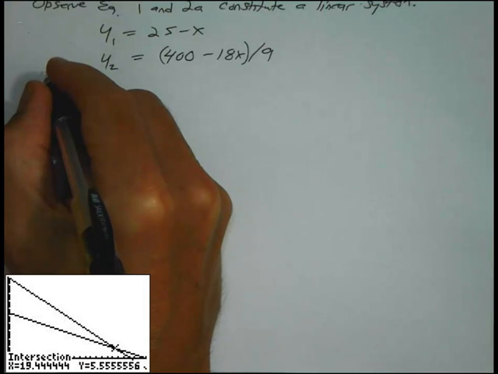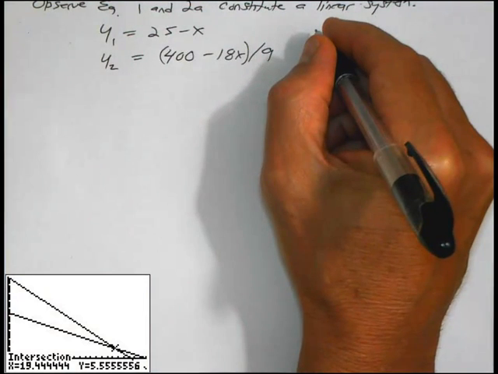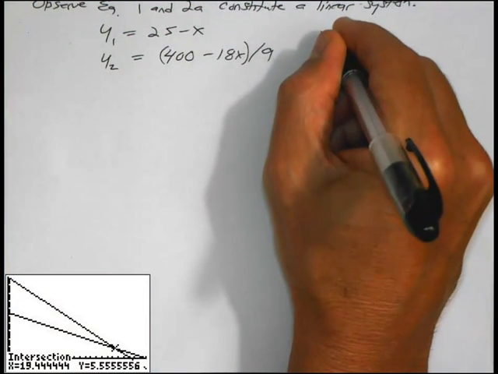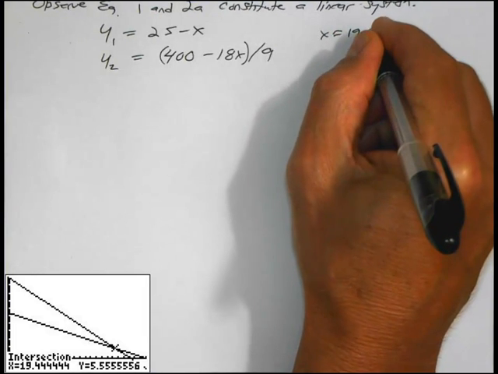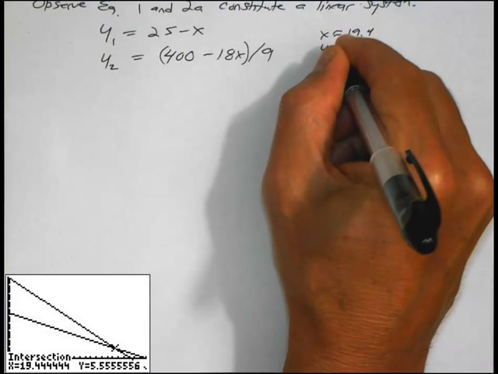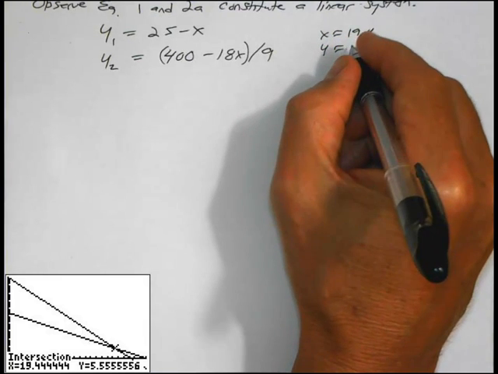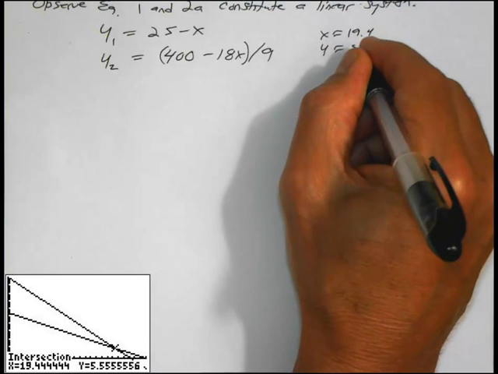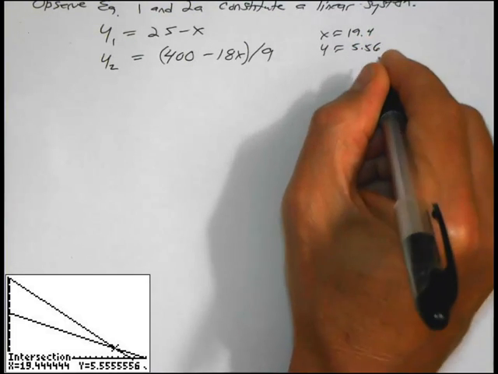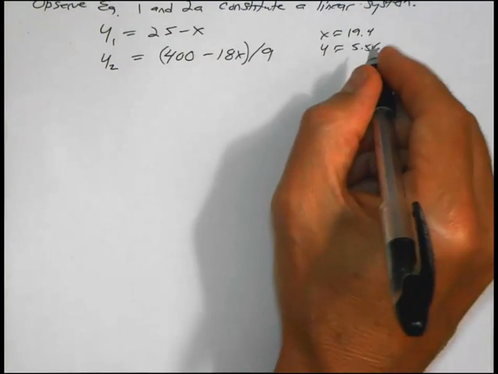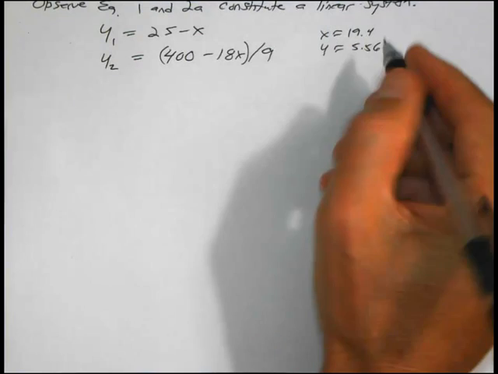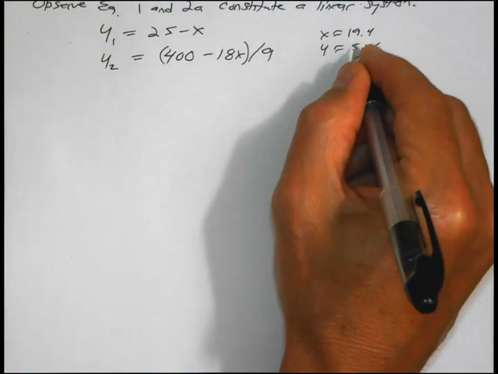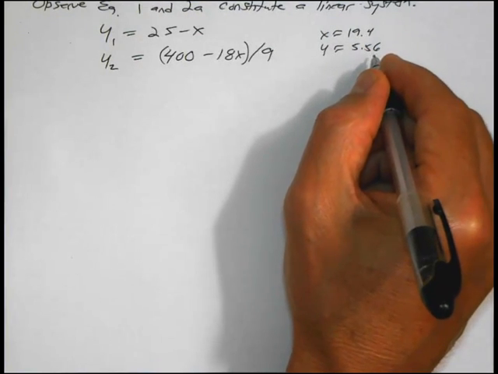From the calculator, we have x about equals 19.4 and y about equals 5.56. Now I remember I have to round to 3 significant digits, so I need to record 1, 2, 3 significant digits in each case here.